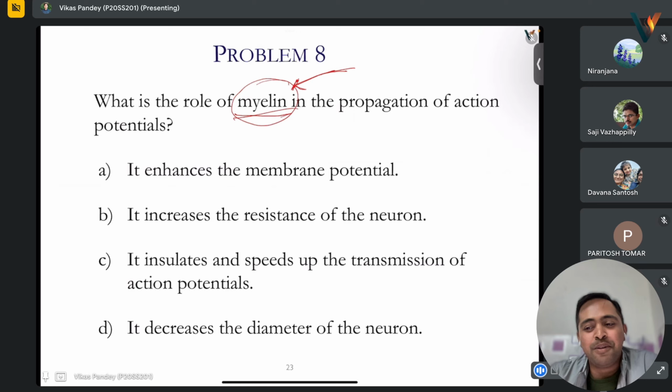But if we talk in terms of structure, I think Paritos must be knowing. Devana, what is your background? I think you didn't join the previous class. Yes, sir, it is a secretion from glial cells which covers the neurons.